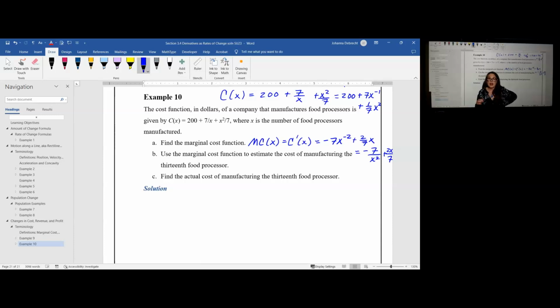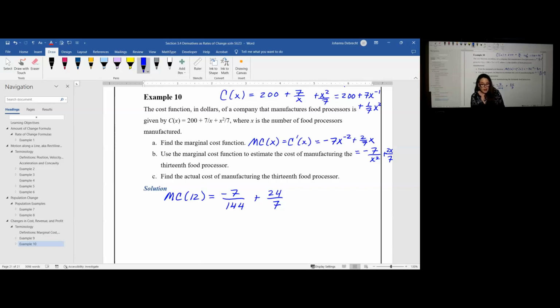Now I want to use that to find the cost of manufacturing the 13th food processor by taking the marginal cost of 12, the first 12. When I do that, the marginal cost of 12 is going to give me negative 7 divided by 144 plus 24 divided by 7.